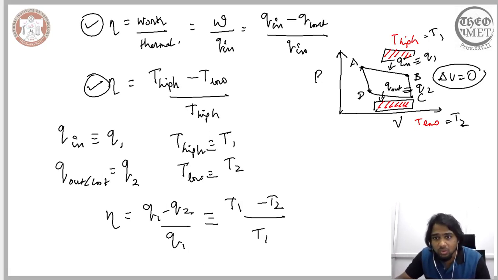And if you look closely, when you consider this heat transfer, you have an equivalency between the heat transfer and the temperature of the reservoir, and ultimately in the Carnot cycle you end up at the position where you started.